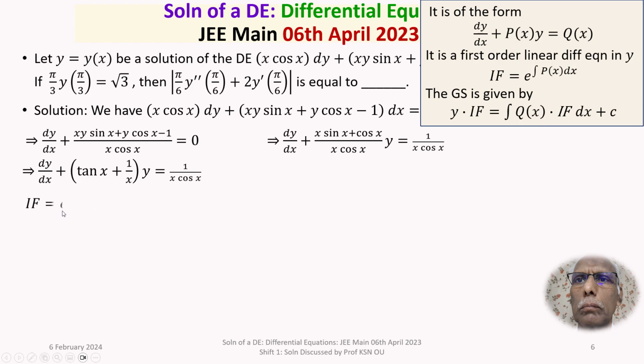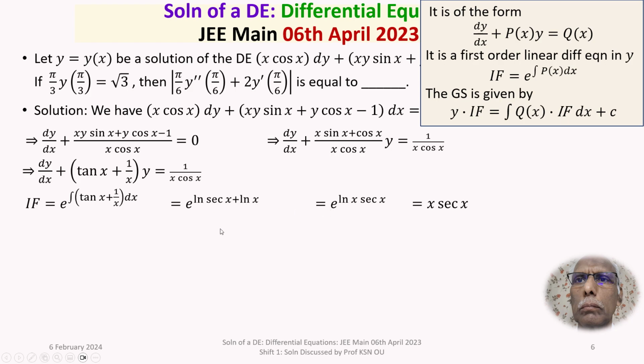So we find the integrating factor, e to the power integral p(x) dx, where p(x) is tan x + 1/x. That will be equal to e to the power of the integral of tan x, which is ln sec x, plus the integral of 1/x, which is ln x.